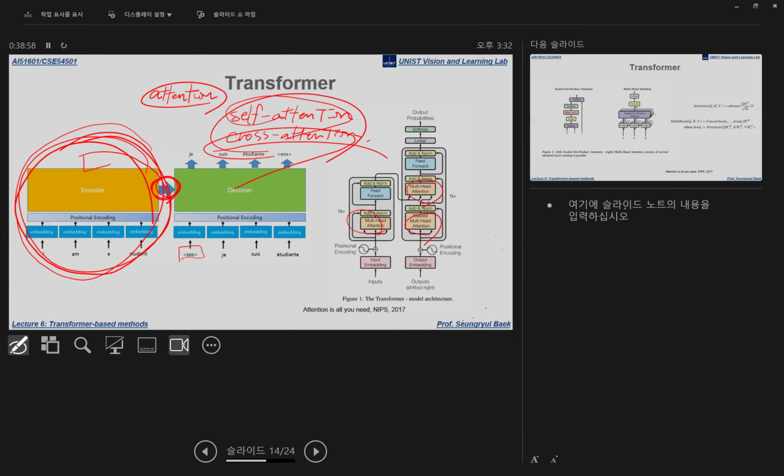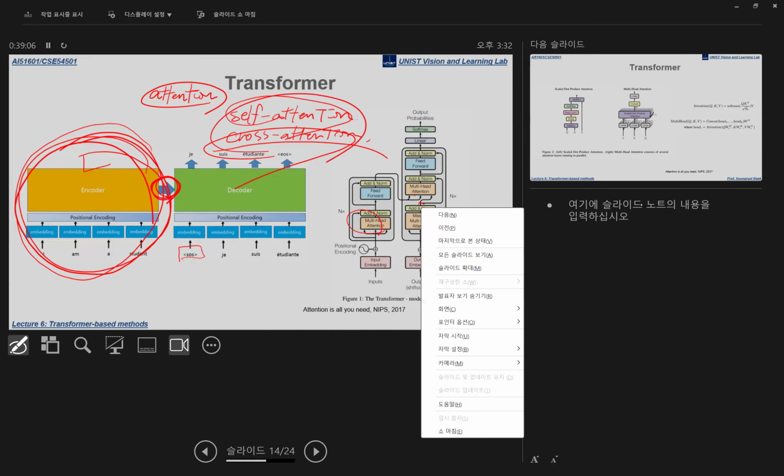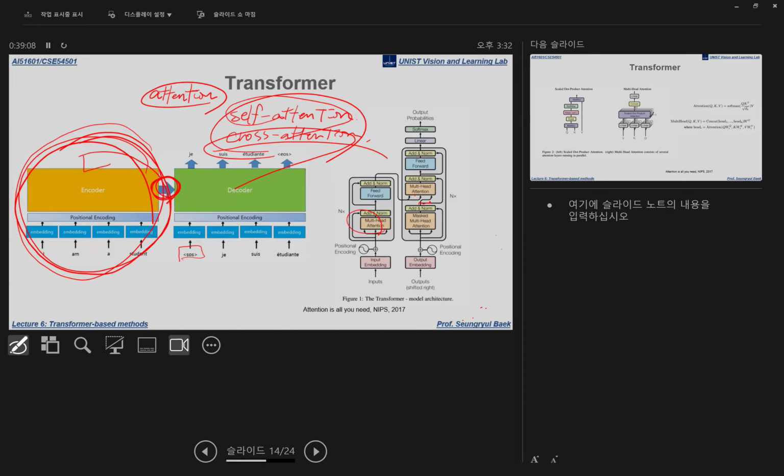In this attention mechanism, they are mixing the encoder features with the decoder's previous layers' features, which is the input to the decoder, the input embeddings. They are mixing those two pieces of information in this cross-attention, and then further apply the MLP and finally map it to the output.